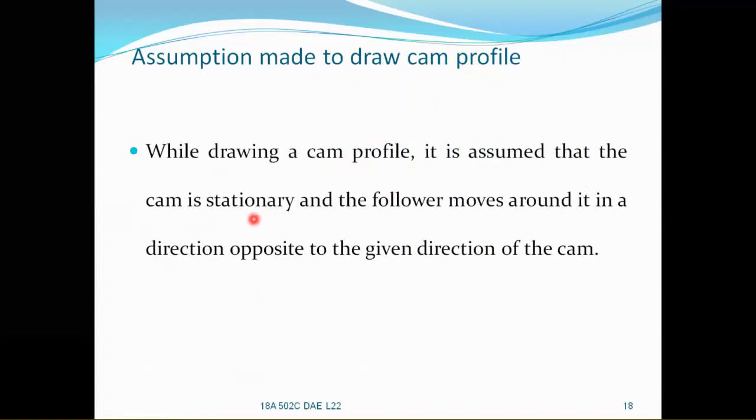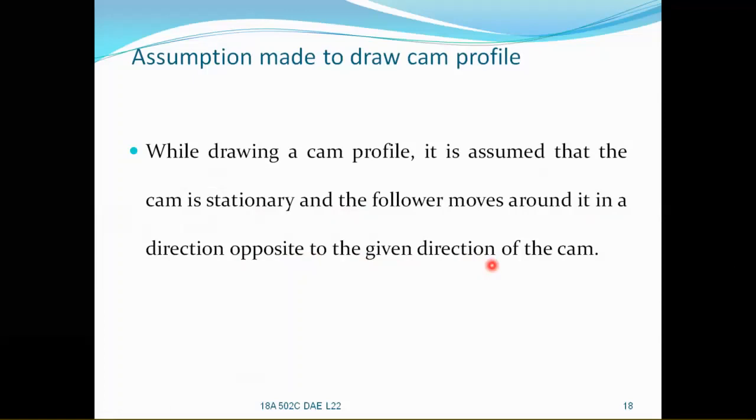To draw the cam profile, let us assume the cam is stationary and the follower only moves around the cam profile in a direction opposite to the given direction of cam rotation. So this is the assumption that we are going to take, and after taking this assumption, we are going to draw the cam profile.